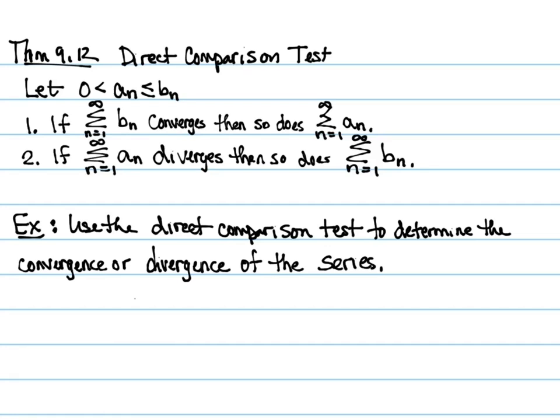And the series we're going to look at is the summation from n equals 2 to infinity of n squared plus 1 over n cubed minus 3n minus 2.